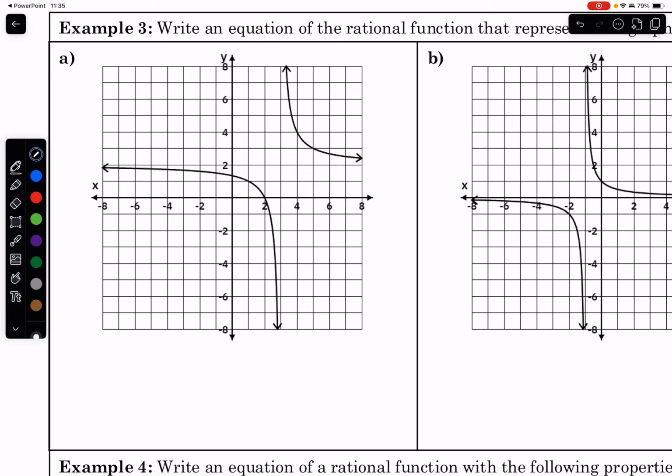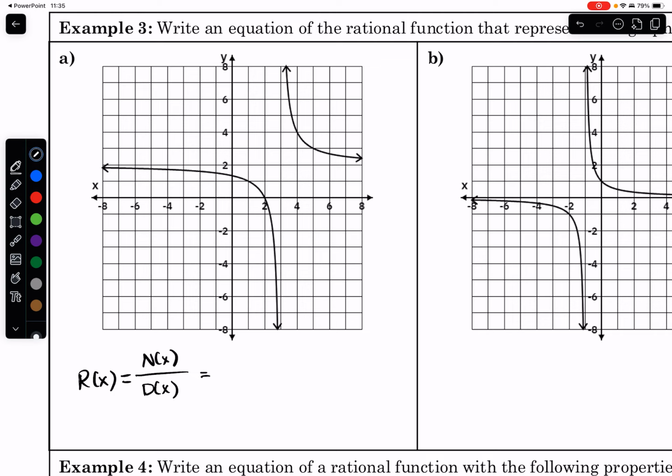Well, we know two things. We know that if there is no common factor, a rational function is made out of a numerator polynomial function divided by a denominator polynomial function. And when the numerator function equals 0, that's going to be our zero. That's when we cross the x-axis. Those are our x-intercepts.